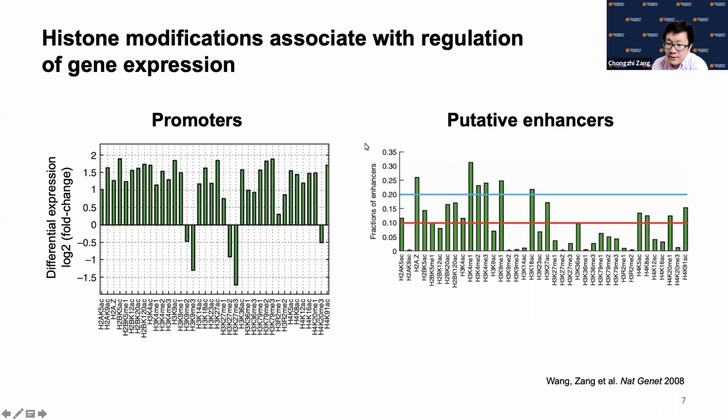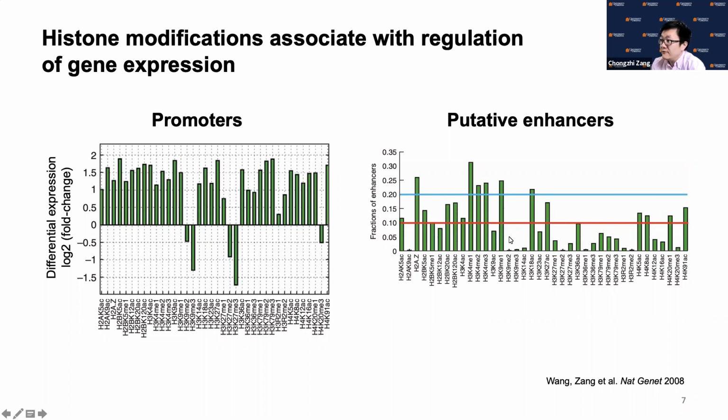Whereas another important group of DNA regulatory elements are enhancers. Here, we also look at the DNase hypersensitive sites, the open chromatin regions, and we want to see how many of the enhancer regions are associated with each type of histone modification.